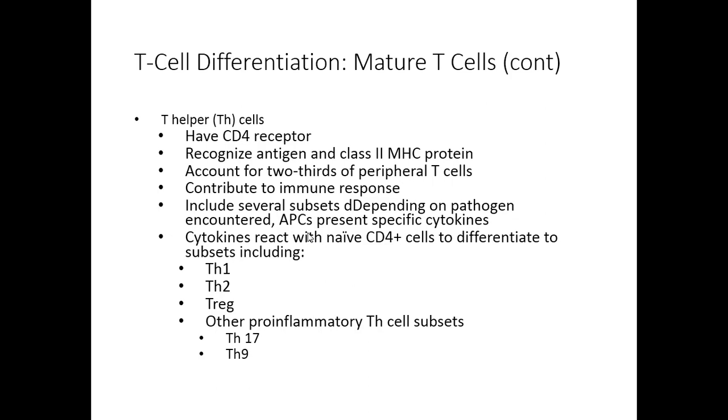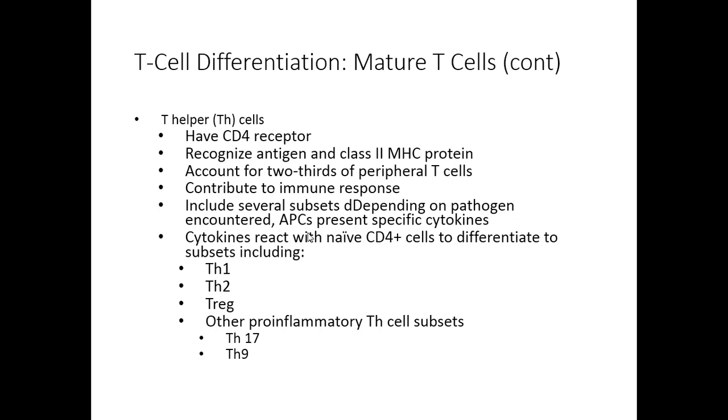So the antigen presenting cells are going to release cytokines that cause those naive, those virgin, exposed T helper cells to differentiate into a couple of different subsets. We're going to look at each of those subsets in detail.